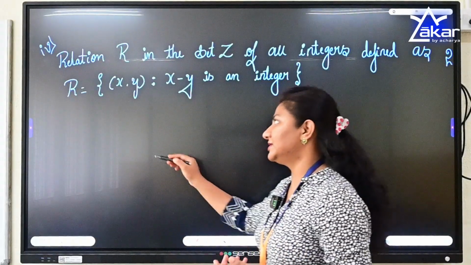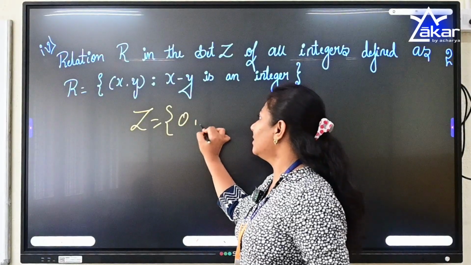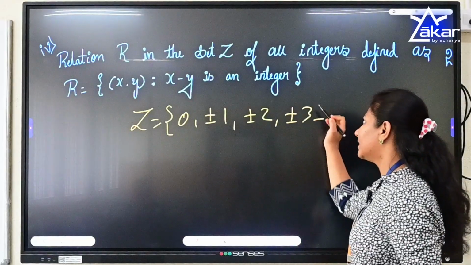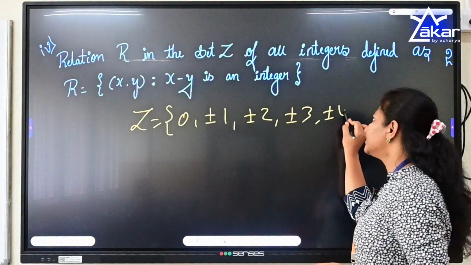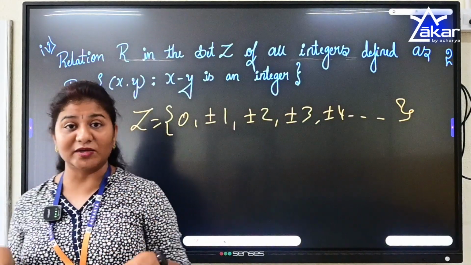For example, let us check. So in Z, what elements will be there? 0, plus or minus 1, plus or minus 2, plus or minus 3, plus or minus 4 and so on. That is, it includes both negative and positive integers.